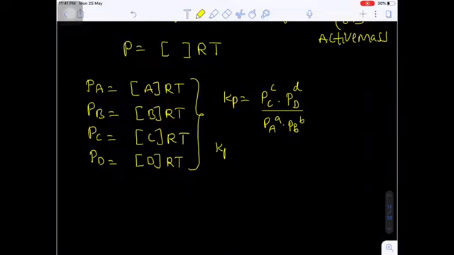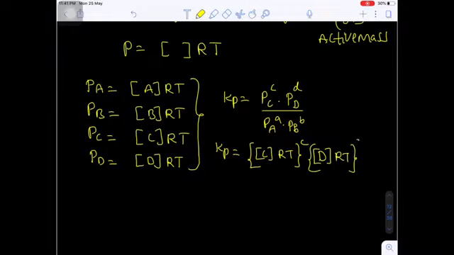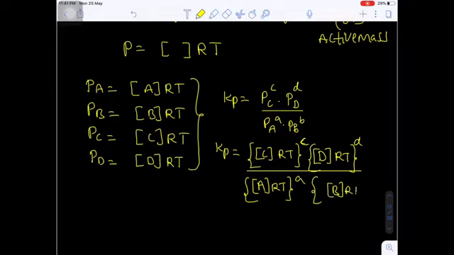Now in this Kp expression we know Pa, Pb, Pc and Pd. So I am writing Pc is equal to concentration of C into RT to the power small c, Pd, concentration of D into RT whole to the power small d, whole divided by concentration of A into RT to the power small a and concentration of B into RT whole to the power small b.